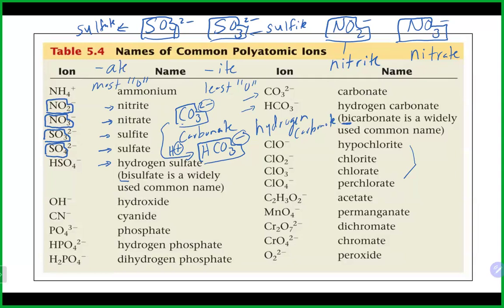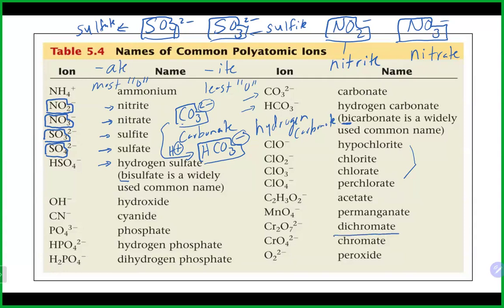Now, earlier we were talking about how you do not use prefixes with metals or Roman numerals. The one place where you could potentially see a prefix and a Roman numeral together is if the polyatomic ion actually has a prefix in its name. So here's an example right here.